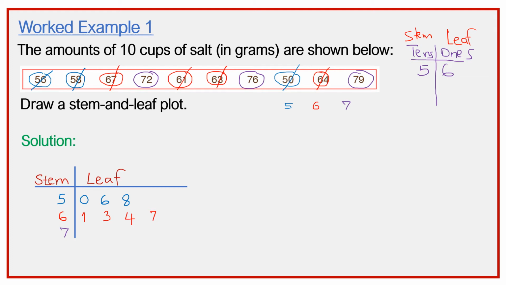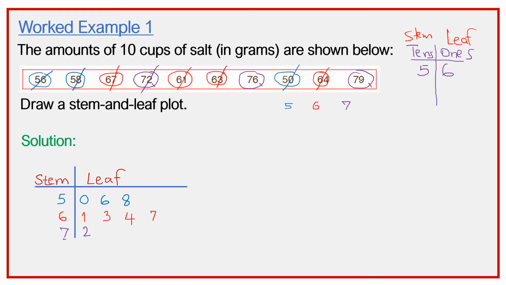Now I go to 70s. 70s, I have 72. I have 76. And I have 79. So I'll begin with 72 because it is small. And I will write just only 2 because I already have 7.